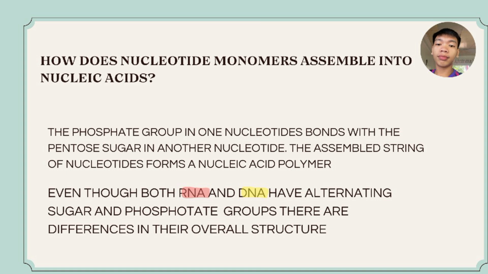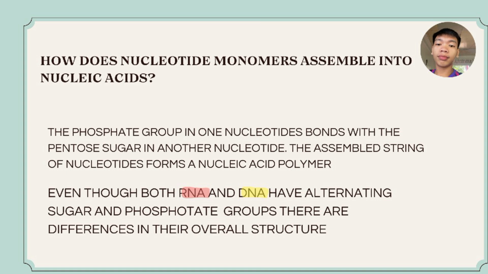How do nucleotide monomers assemble into nucleic acid? The phosphate group in one nucleotide bonds with the pentose sugar in another nucleotide. The simple string of nucleotides forms a nucleic acid polymer.